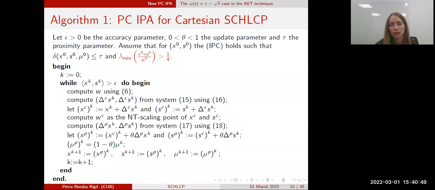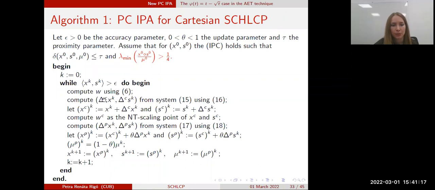This is due to the specific search direction. So we have an accuracy parameter, an update parameter between 0 and 1, and a proximity parameter tau, and we assume that the interior point condition holds for the starting point, and that the proximity measure for this x0, s0 is less than or equal to this proximity parameter.